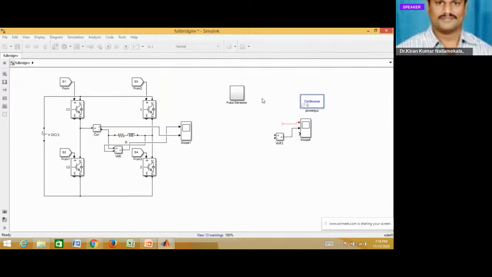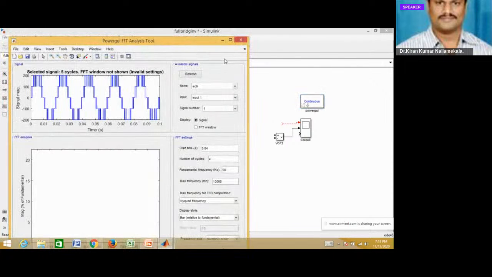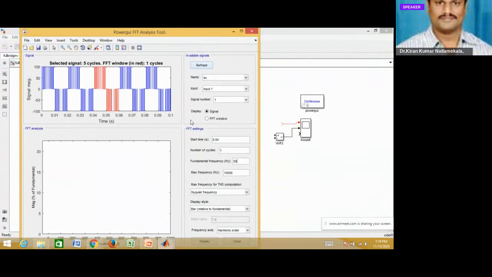Now you can select scope SC and this is the output voltage, and take starting time period 0.4 and number of cycles you can take one cycle, and frequency is 50 hertz and maximum frequency we will take it as 5000, and we can try for results.